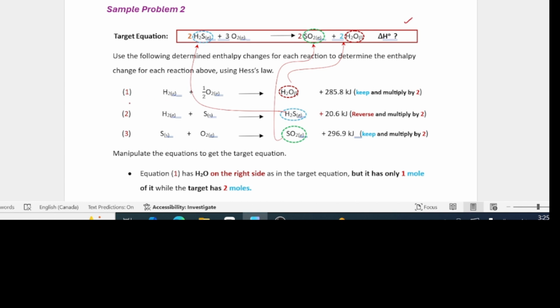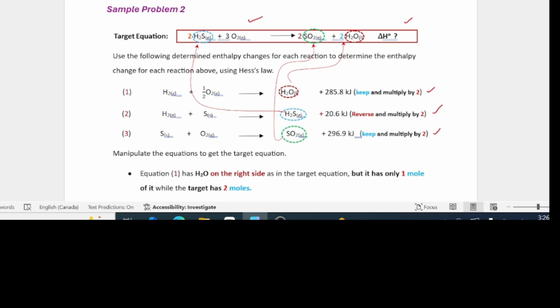But you're given these other reactions here whose enthalpy changes have already been determined by calorimetry. So the next job for us to do is to manipulate these equations that we've done before, such that when you add them, we'll end up with this target equation here.